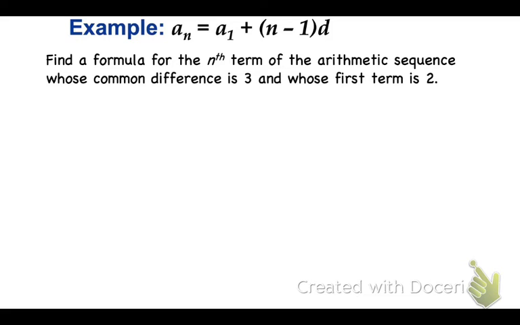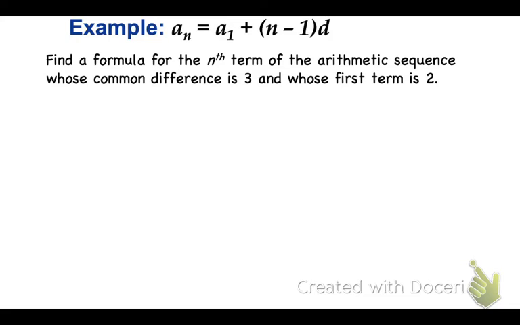Okay, it says find a formula for the nth term of the arithmetic sequence whose common difference is 3 and its first term is 2. So I have a sub n equals a sub 1 plus n minus 1 times d. So in finding a formula, I'm going to have variables still in the formula, yes?